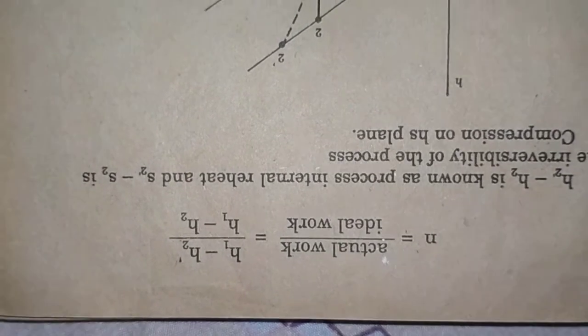Then for the ideal process, H1 minus H2 prime. So the ideal is H1 minus H2, and the actual is H1 minus H2 prime. It is a percentage, so that gives you the efficiency of your system, your compression or expansion. Okay, so to understand better, we will just have an example, one example for reversible and one example for irreversible process.